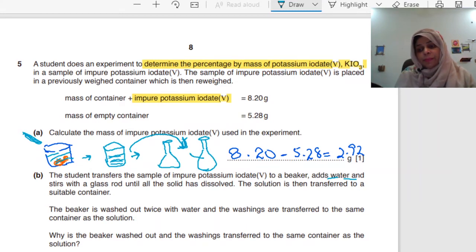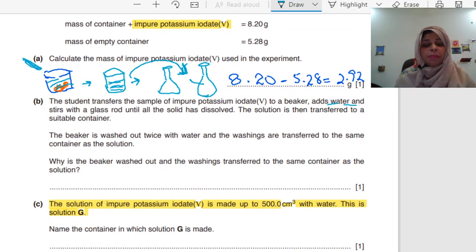Yes, a very important question. Why is the beaker washed out and the washings transferred to the same container as the solution? We have to wash it to make sure the remaining solution from the beaker is completely transferred to the volumetric flask.